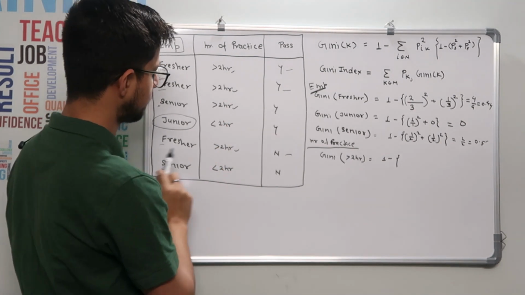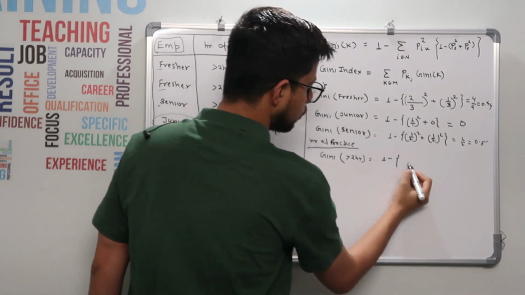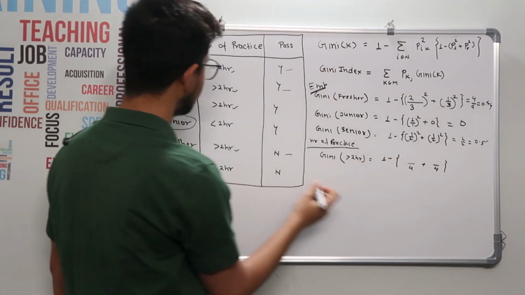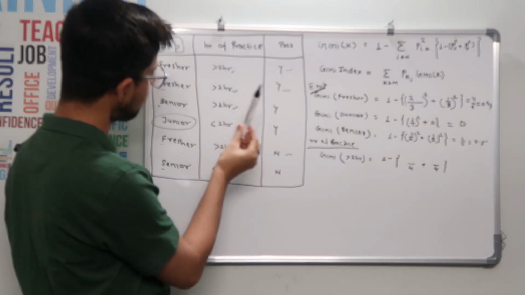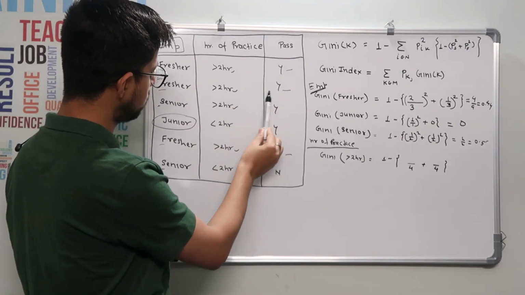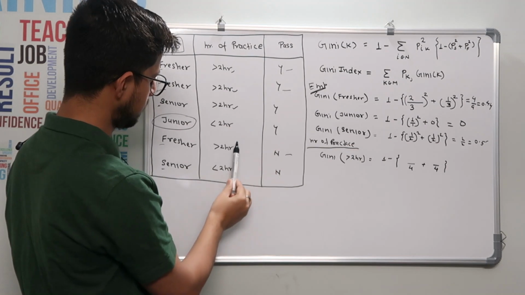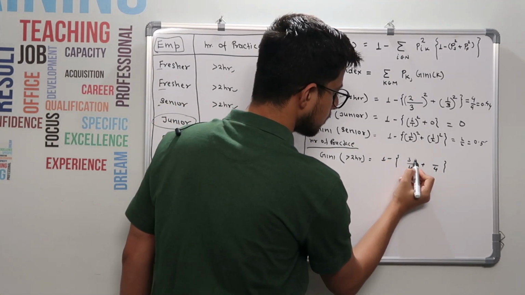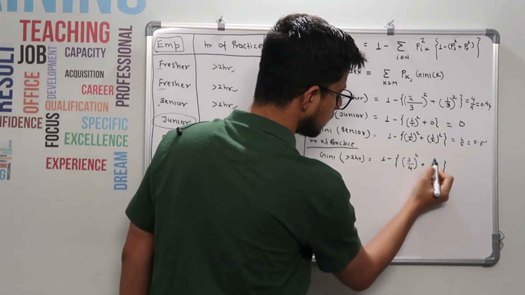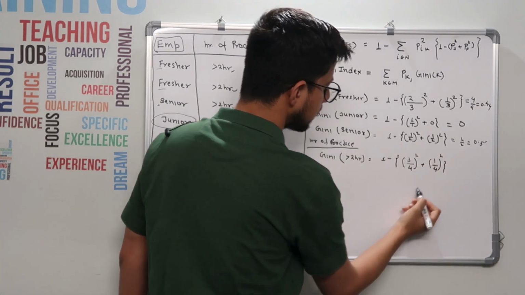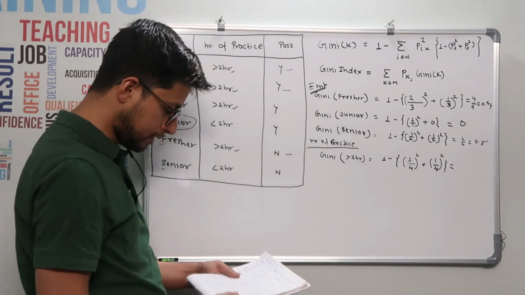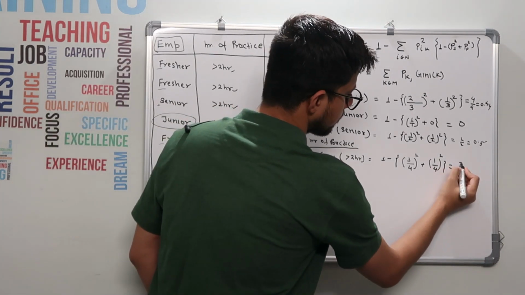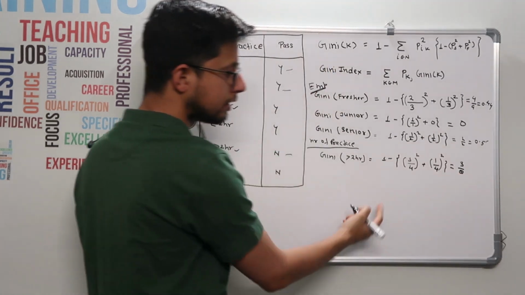The 4 will become your sample space. Out of 4, how many are yes? 1, 2, 3. 3 are yes, and the remaining 1 will be no. If you solve this, it will come to 3 by 8.